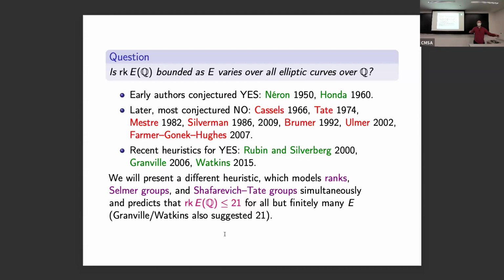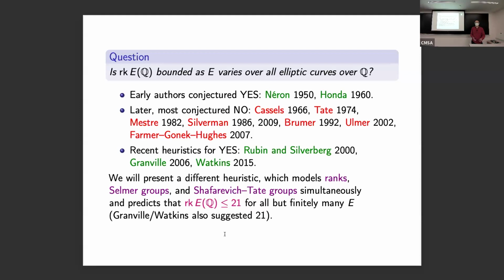The advantage of having a heuristic that predicts all of them at once is that you have some way to check certain pieces of the prediction, because there are consequences of those predictions that are more than just about ranks, and you can check that at least those predictions are correct. And that gives you some sense that you're on the right track.